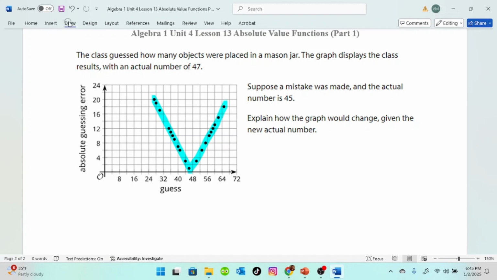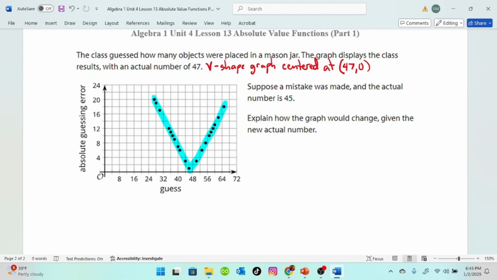So here we have a V shape graph centered at the point 47, 0. Because a guess of 47 would have an absolute guessing error of 0 if 47 was correct.